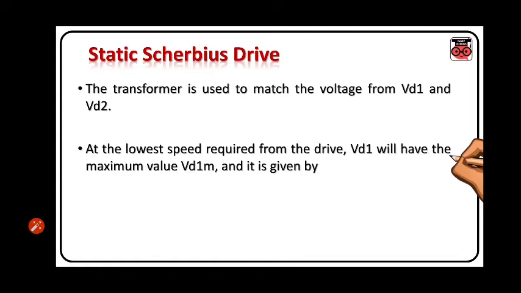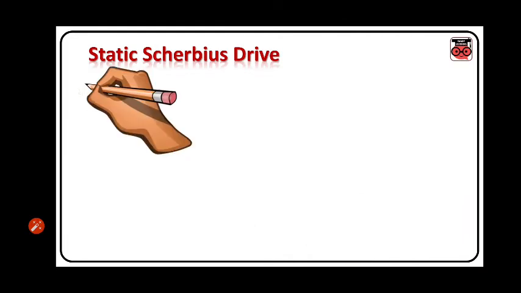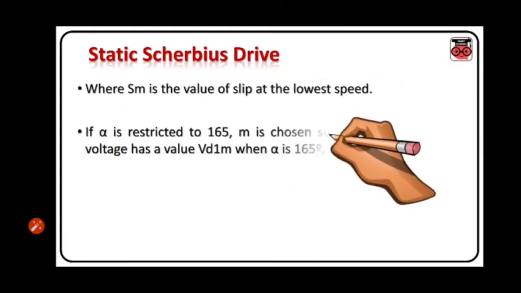At the lowest speed required from the drive, Vd1 will have the maximum value Vd1m, and it is given by Vd1m equal to Vs max upon N, where Sm is the value of slip at the lowest speed.